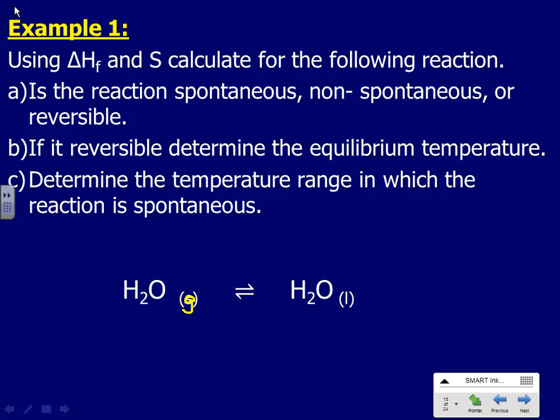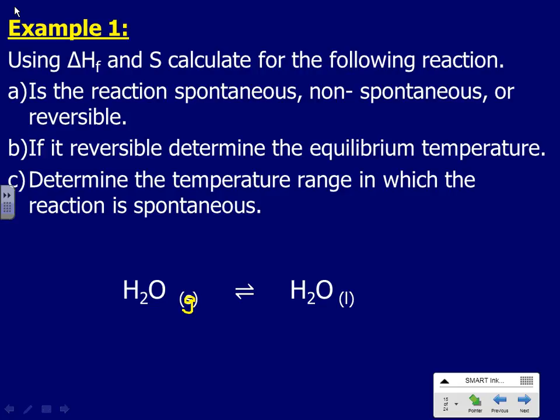It's spontaneous with respect to delta H. At small temperature, this thing is going to get tiny, and it's going to become spontaneous at lower temperatures because delta H is going to dominate this, and it's going to become spontaneous.